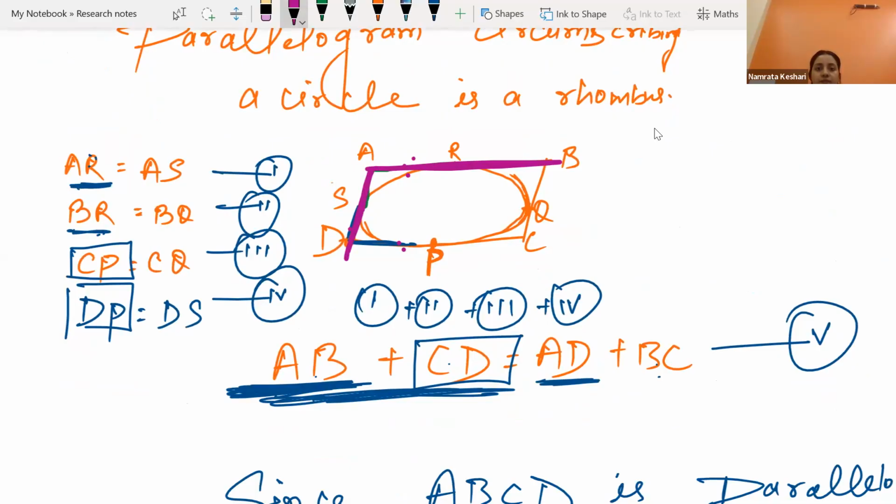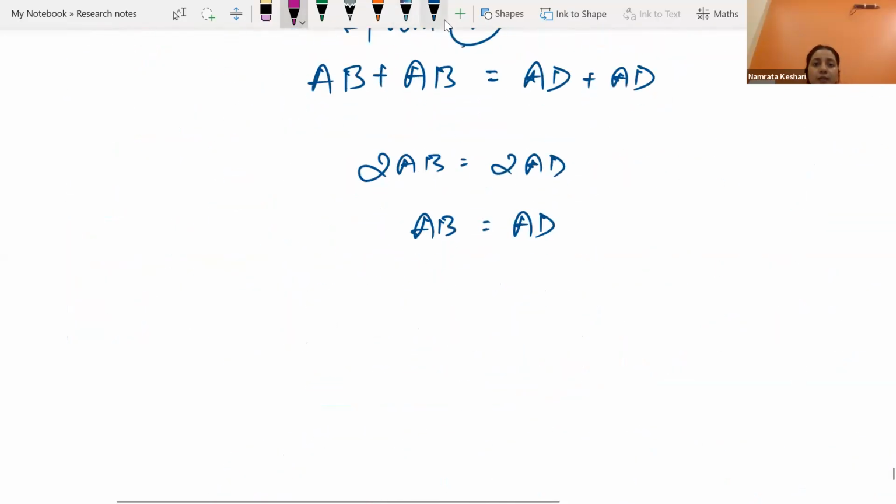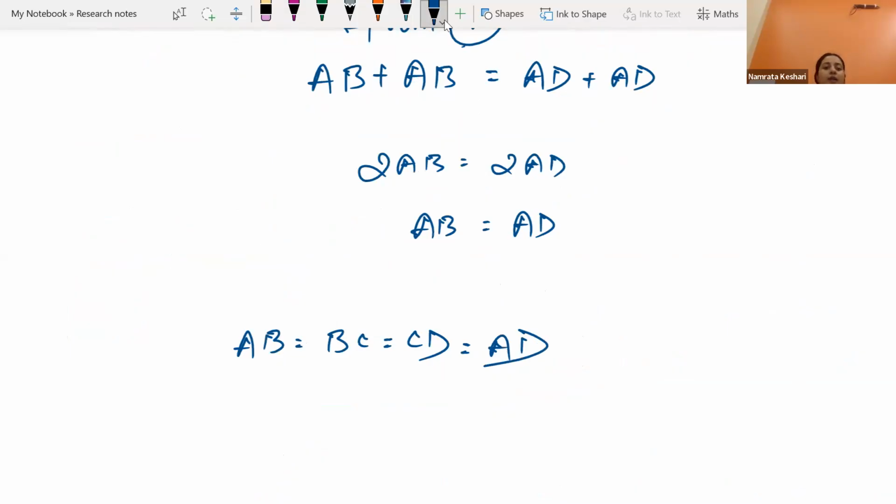Yes. You can say from here that AB, BC, CD, AD all are equal length. Hence the given parallelogram is a rhombus.